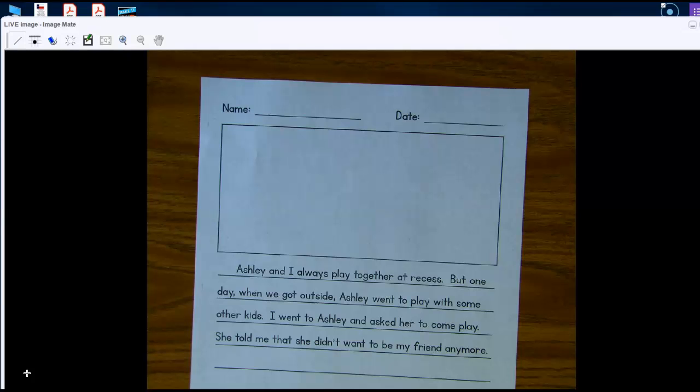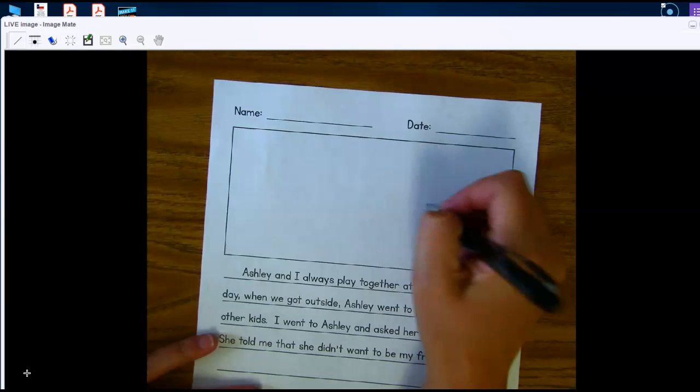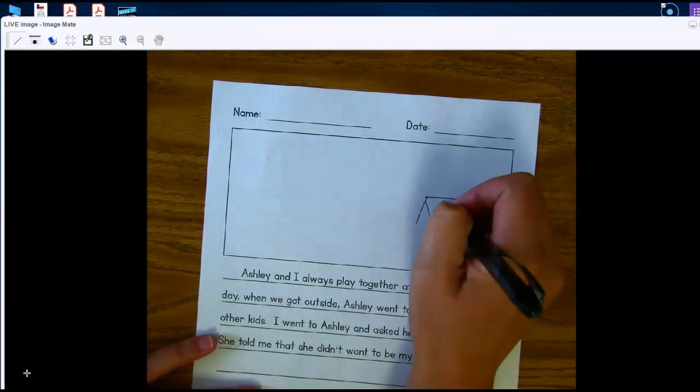Ashley and I always play together at recess, but one day when we went outside, Ashley went to play with some other kids. I went to Ashley and asked her to come play. She told me that she didn't want to be my friend anymore. So what should I draw, Emma? Okay, but she's talking to her now, so maybe I'll have the swing set.